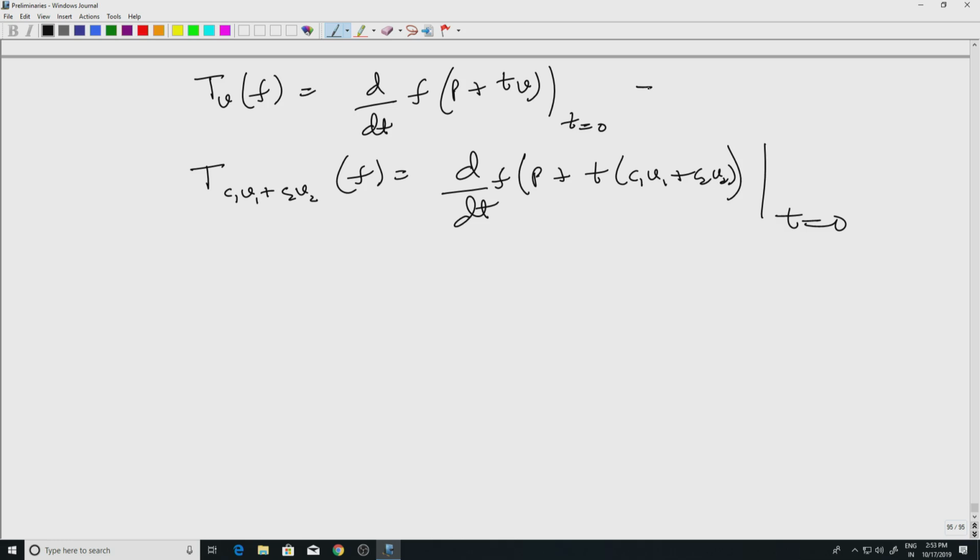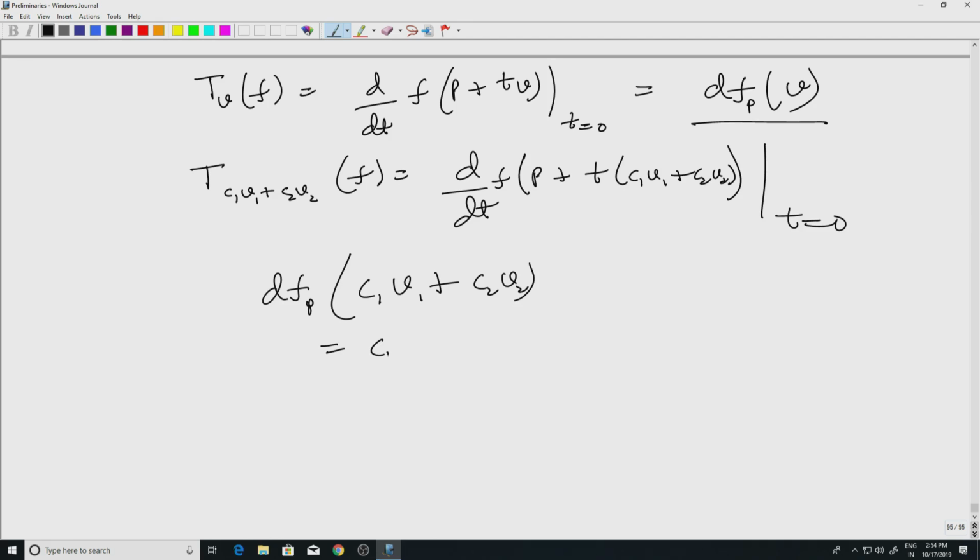Rather than use this, it's easier to see if we know that this is the same thing as DFp of V. If I take this, it's immediately clear because after all, DFp is a linear map. Therefore, when I put this, I'll just get this and one would be done.